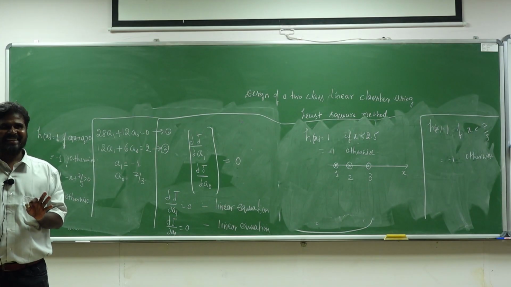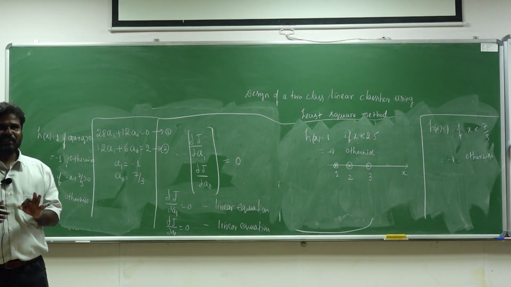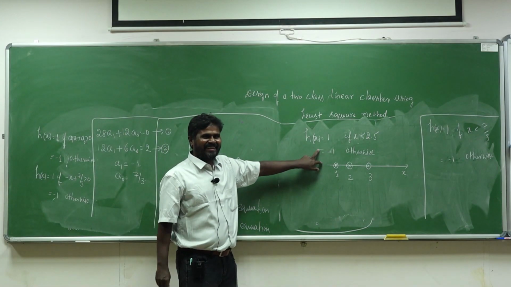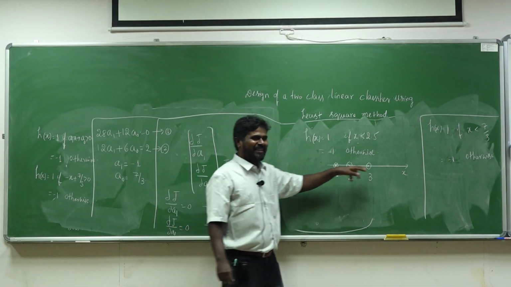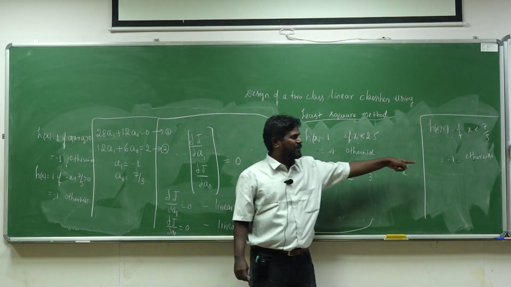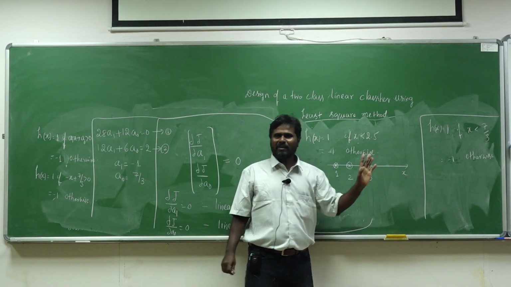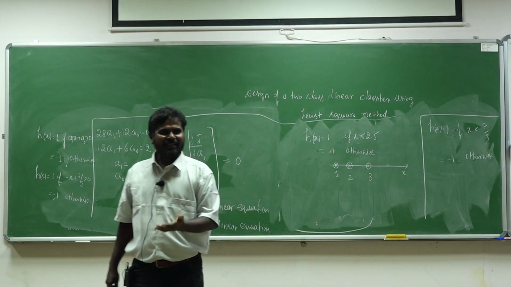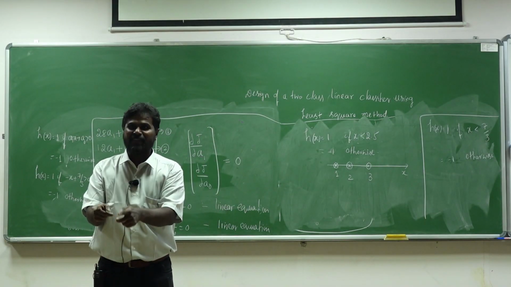You see the difference? By looking at the feature space, we got this. But what is the difference between this classifier and that classifier? Both give you the correct classification.